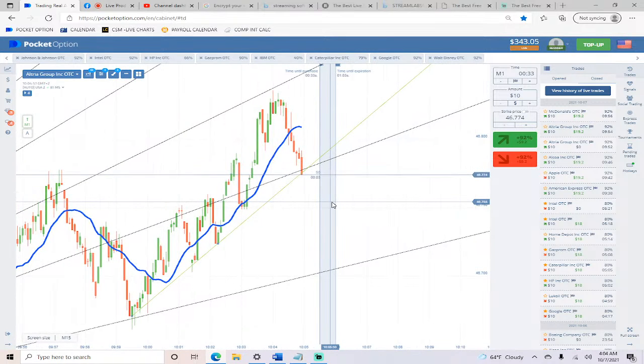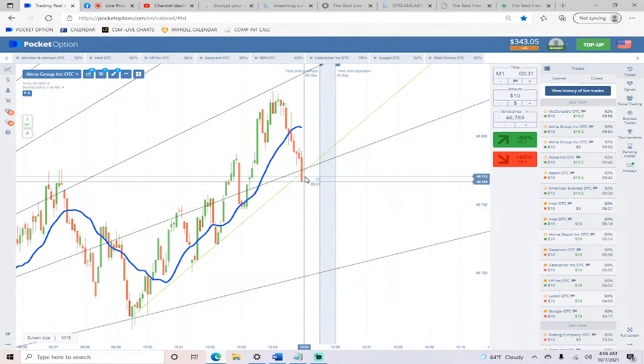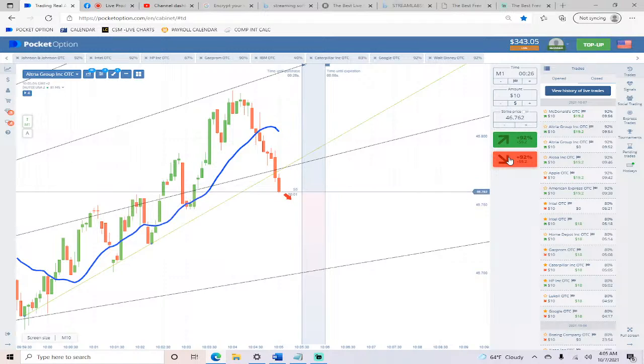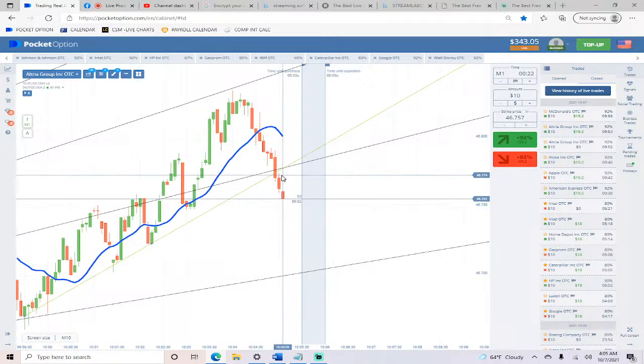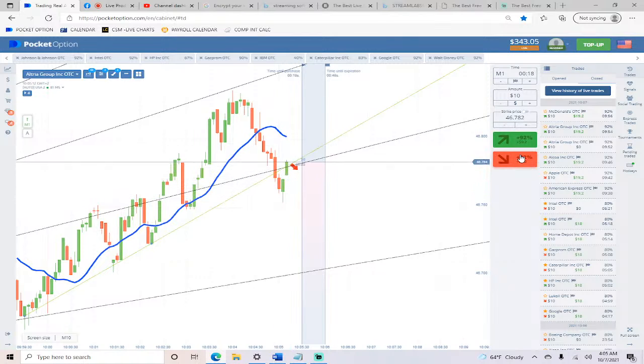Now, boom. Look at that. And we are moving down. Let's wait. This candle broke. Let's wait for a double bottom. But, oh, beautiful. Look at that.